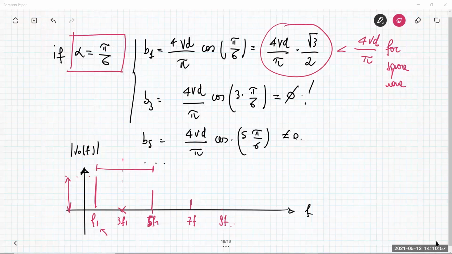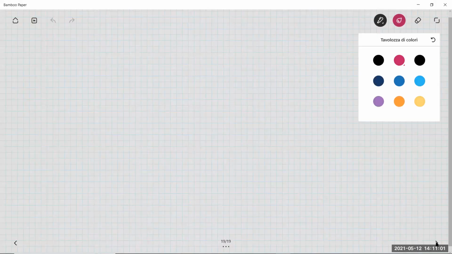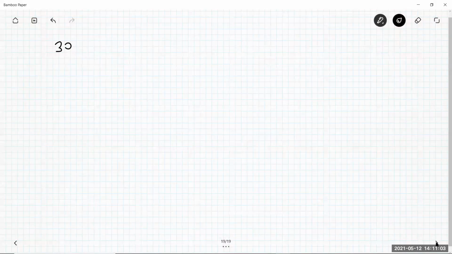And I need the whiteboard. Three-phase inverters. So basically, I need not just two terminals at the output through which I can have a sine wave, but I need three different sine waves at the output.